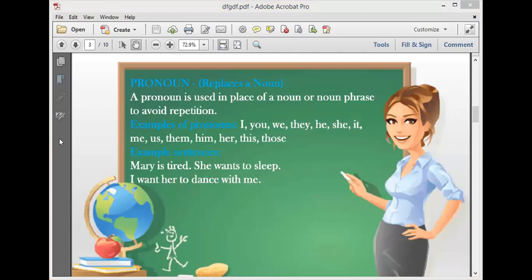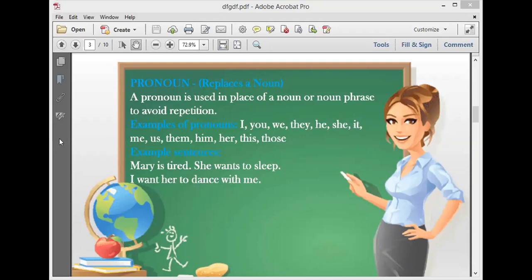Pronouns are further defined by type. For example, personal pronouns refer to specific persons or things. Possessive pronouns indicate ownership. There are other pronouns, we call them reflexive pronouns. They are used to emphasize another noun or pronoun. And we have also what we call relative pronouns, which introduce a subordinate clause.